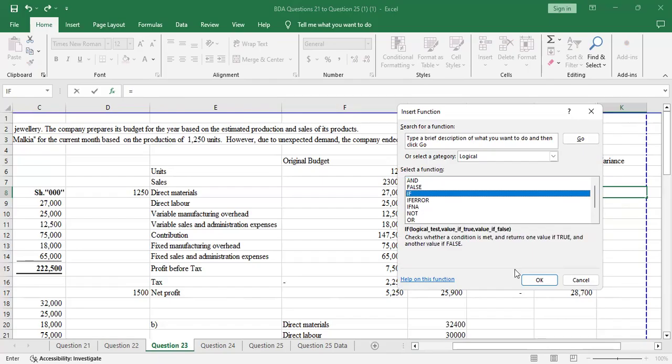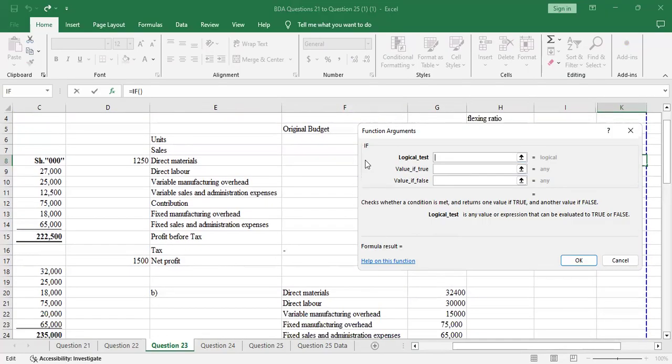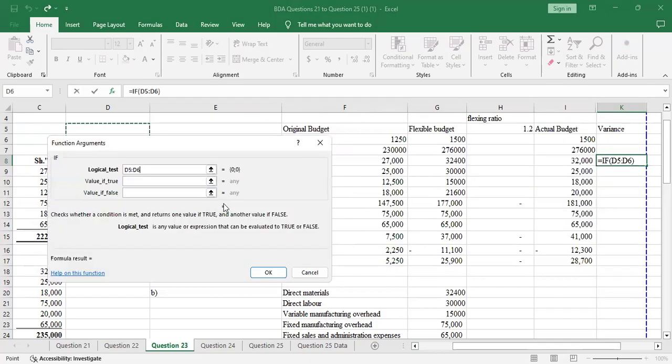Let me move this one here so that you can see it clearly. Sorry for that. So you have a logical test there.